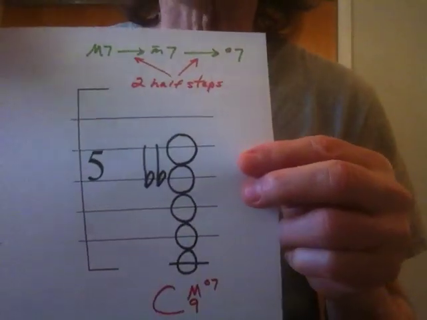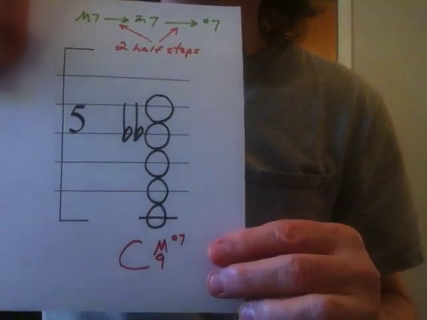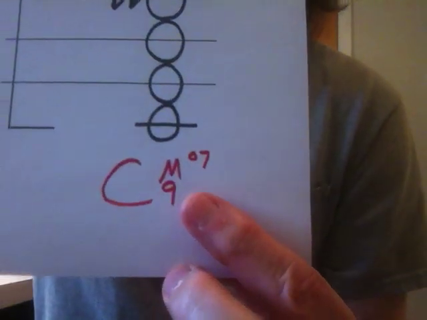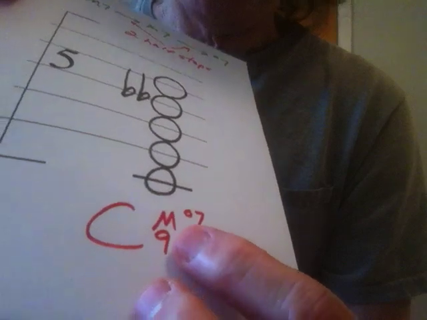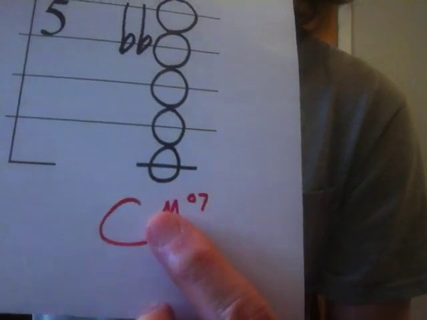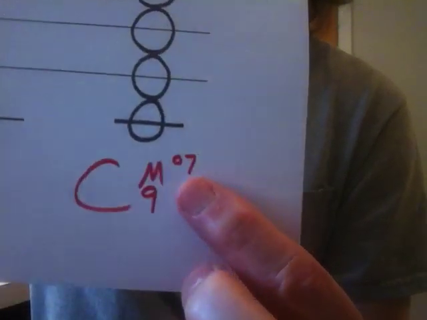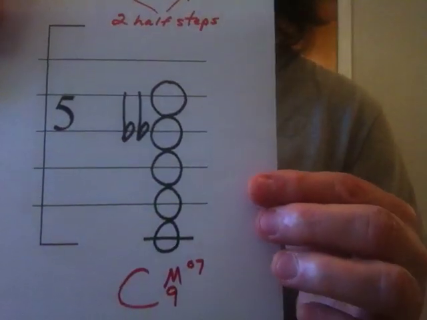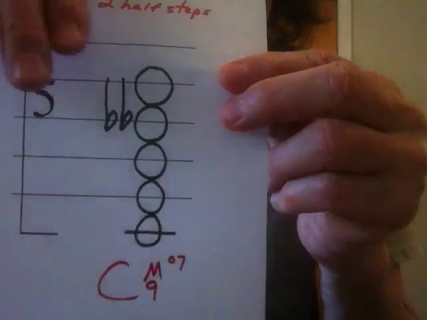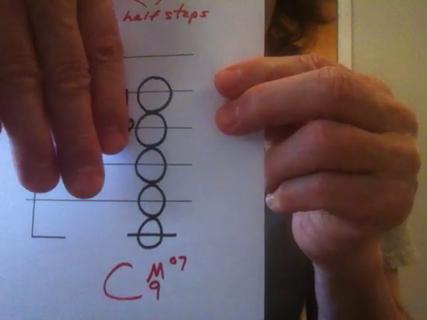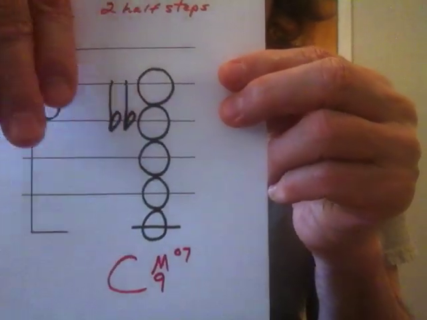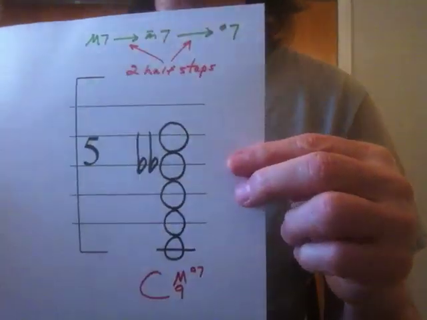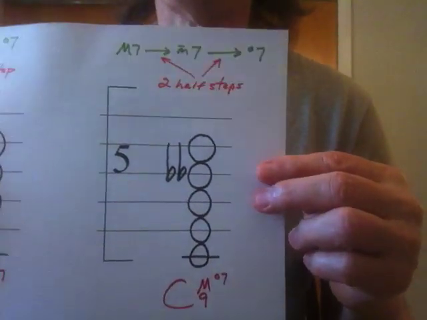Let's say you have here, let's look at this first. You have a C major 9 bass chord, but you have a modification, diminished 7. Okay? That's what you have. You started out with your C major 9 bass chord, and you made a modification. It's a modified bass chord.